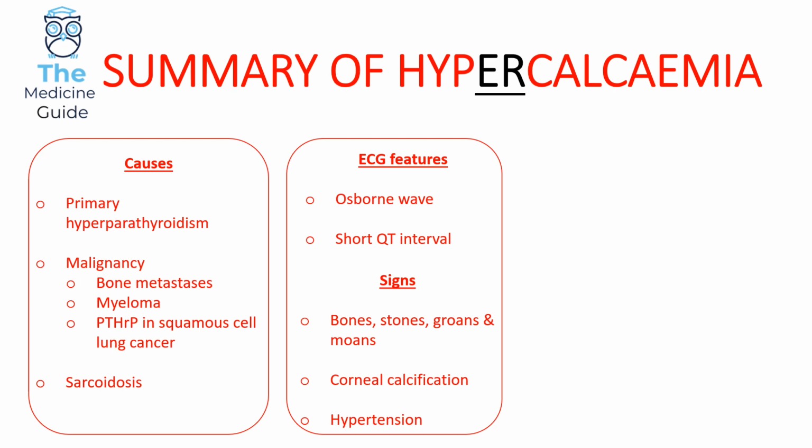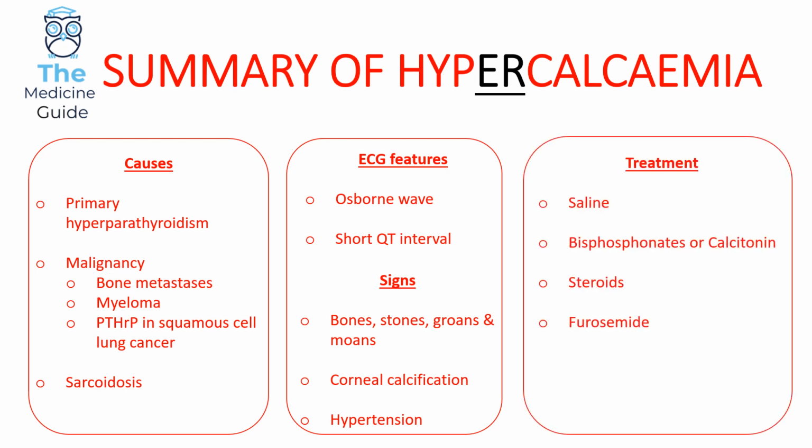Other signs of hypercalcemia include corneal calcification and hypertension, but the most common exam style question around hypercalcemia will typically involve a patient presenting with signs similar to the signs mentioned in bones, stones, groans, and moans. So make sure that you're really comfortable with that mnemonic.